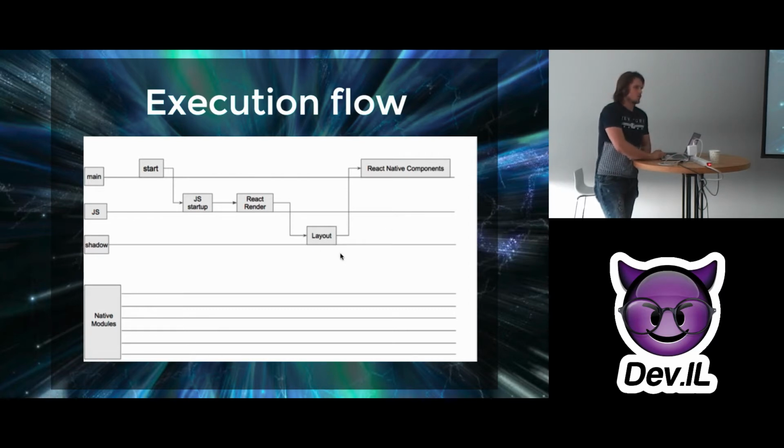Then, when all these calculations are done on a separate thread, everything is sent back to the main thread, and your native code will execute all the logic. And as I mentioned here, native modules will run on separate threads.